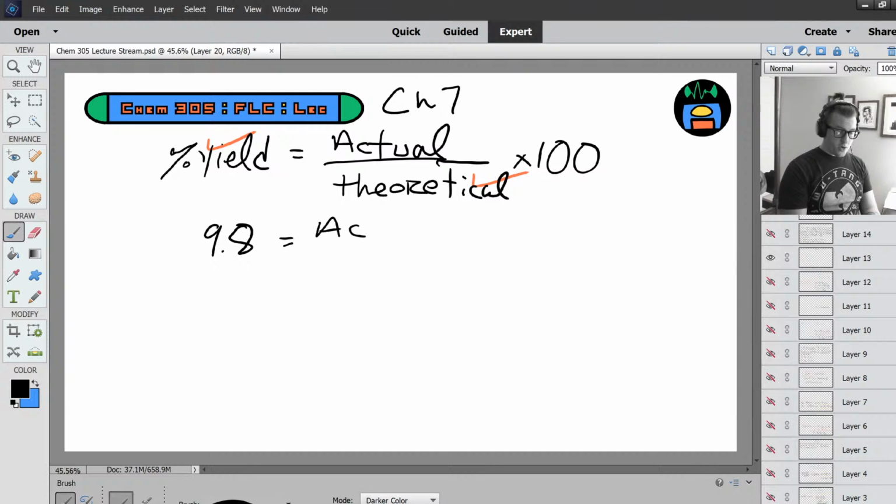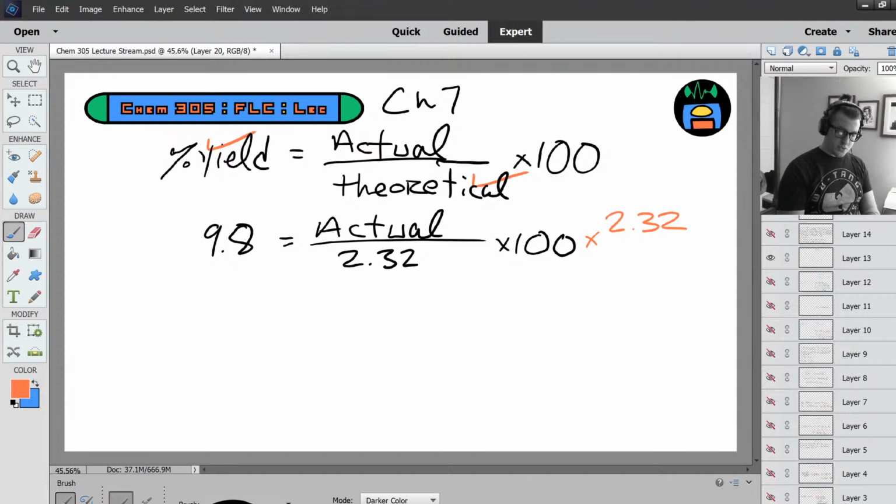We do not know our actual yield. We do know our theoretical. We just calculated it was 2.32 grams, times 100. So, multiplying both sides by 2.32 over 100.